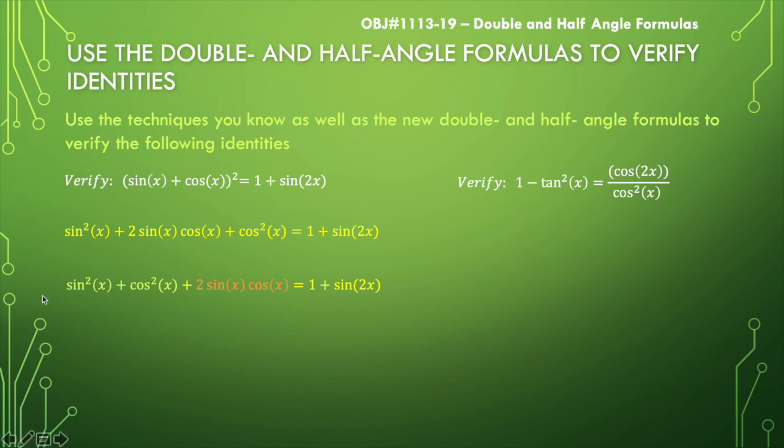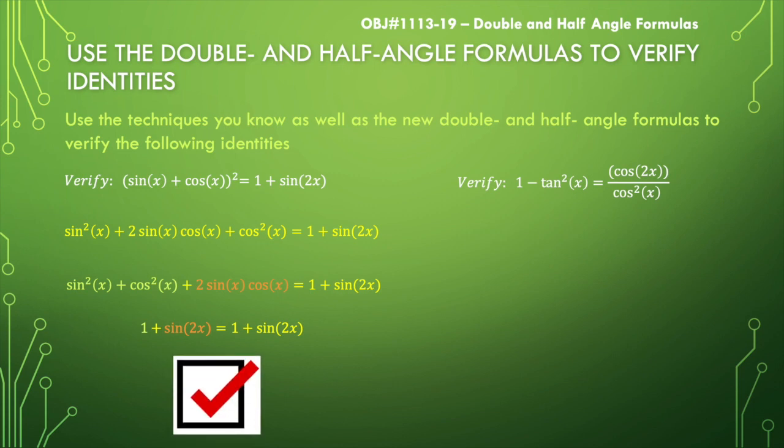Well, do you remember what sine squared of x plus cosine squared of x is equal to? Hopefully you remember that that is the big Pythagorean identity, and that's just 1. Now, 2 sine x cosine x, that's your double angle identity. And so I can change that into sine of 2x, and then we'd be finished. I've got the left side equaling the right side, and I'm good to go.